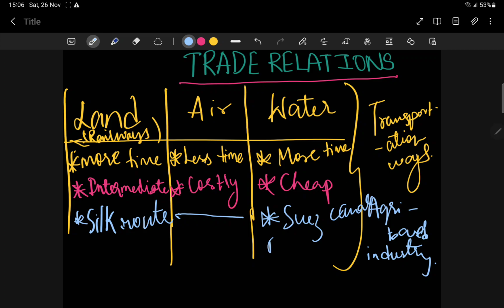For example, a few canals: the Suez Canal, the Panama Canal. So many are there actually.